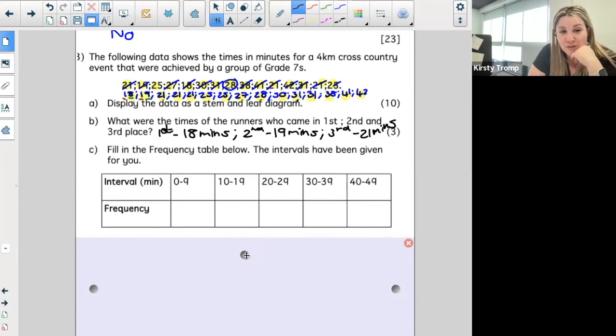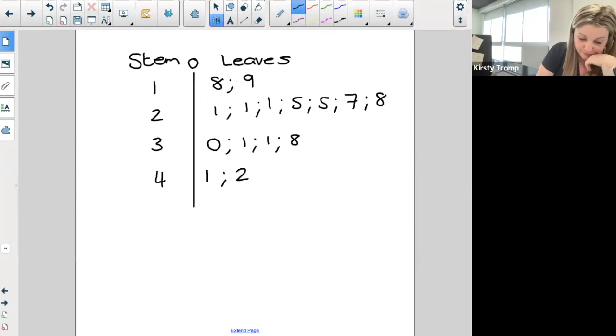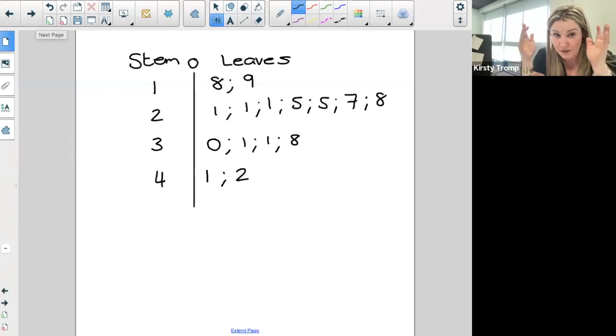Umar was asking, was third place a draw? Yes, Umar, because we had many people who got 21. So, how many people did we have between 0 and 9, the frequency of numbers between 0 and 9?